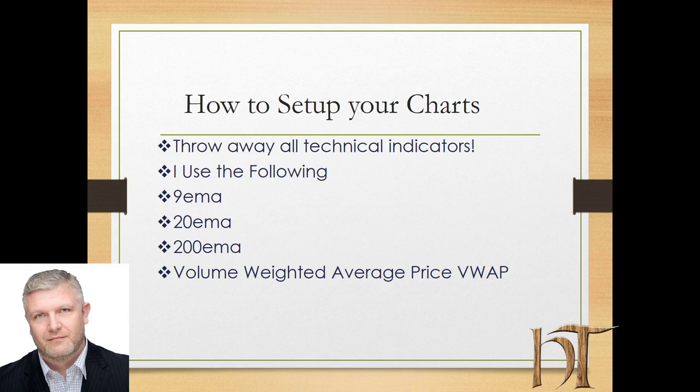and essentially those are really the only technical indicators that I like to use: the 9 exponential moving average, the 20 exponential moving average, the 200 exponential moving average, and the volume weighted average price. And of course, we don't want to forget the candlestick patterns themselves.